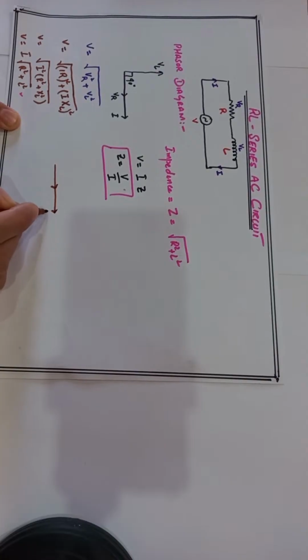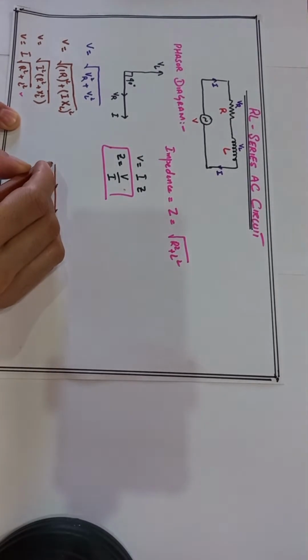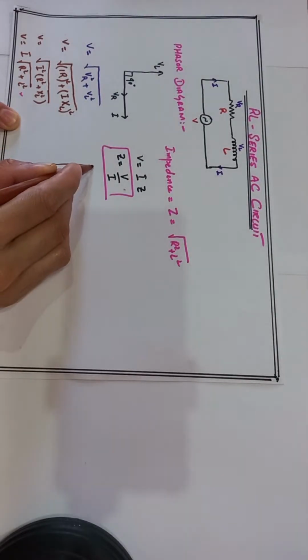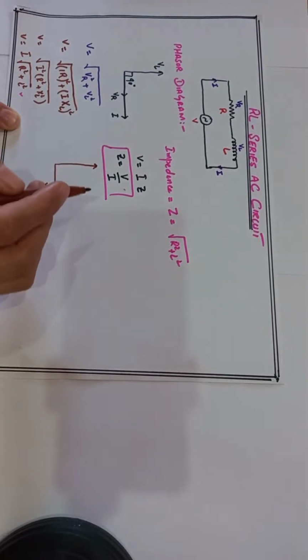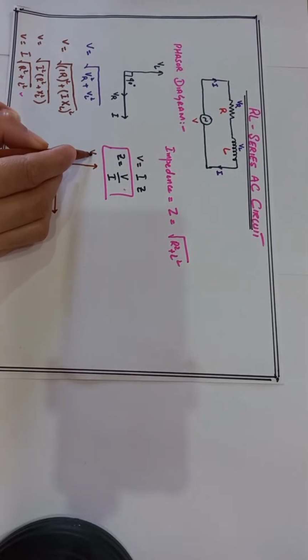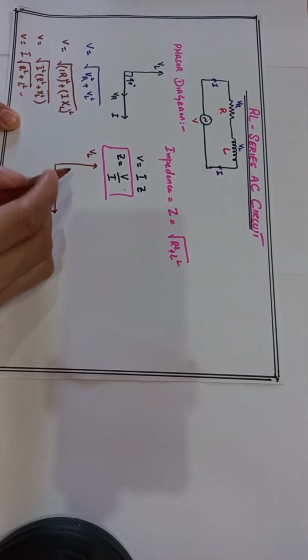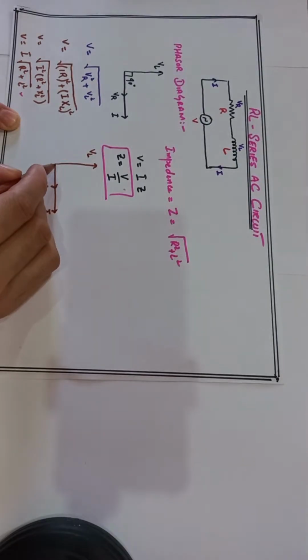The current is on the horizontal line, the voltage across the resistor is in phase with the current, and the voltage VL leads the current by 90 degrees.